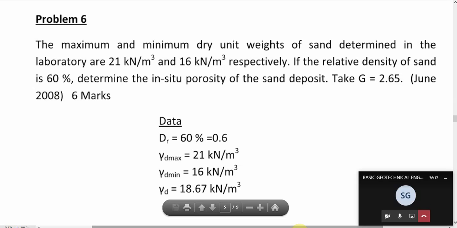If the relative density of sand is 60%, determine the in situ porosity of sand deposit.